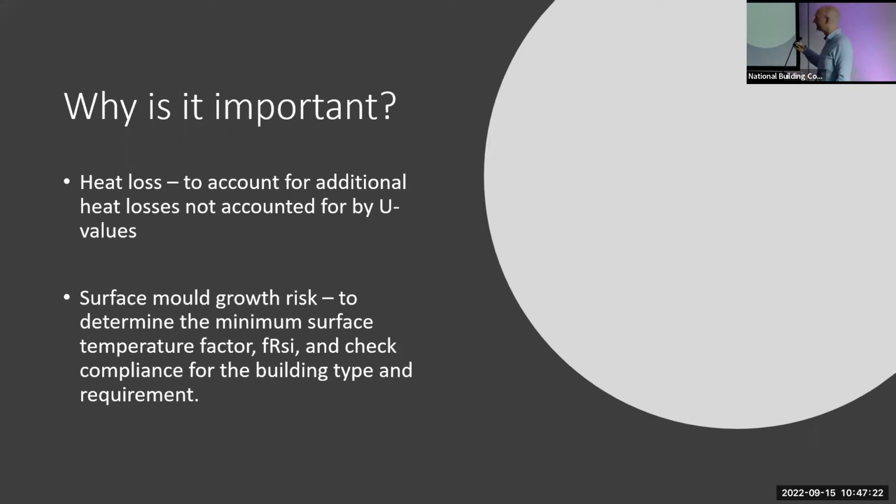So really, in terms of order of importance, you might say that it's more important to carry out a thermal bridge assessment to ensure you have no risk of mold, surface condensation, and interstitial condensation. And secondarily then is to look at heat loss. But as we make the requirements for Part L compliance more and more stringent in line with the EPBD, the effects of using default versus ACD versus calculated psi values become all the more important.